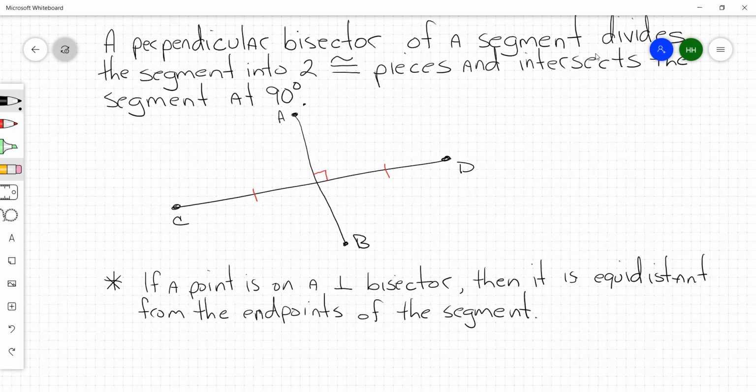Equidistant means equal distance from the endpoints of the segment.